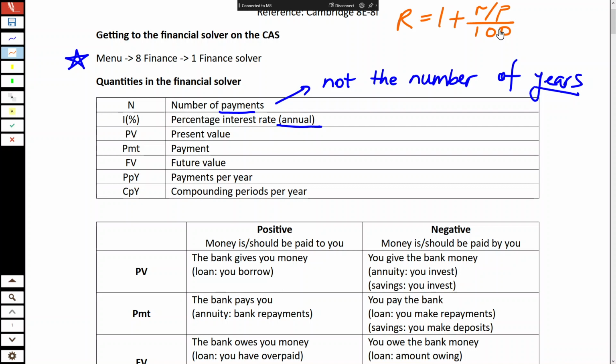Right, 12 months in a year. So for 12% for the whole year, that's 1% for 1 month. And that's what this R divided by P was about when we set up the recurrence relation. But when you put it into the calculator, you need to put in the yearly rate. So we put in 12, not 1 here. Okay?